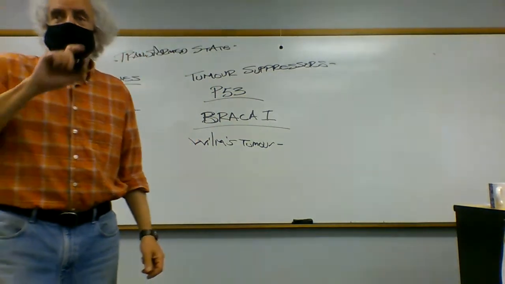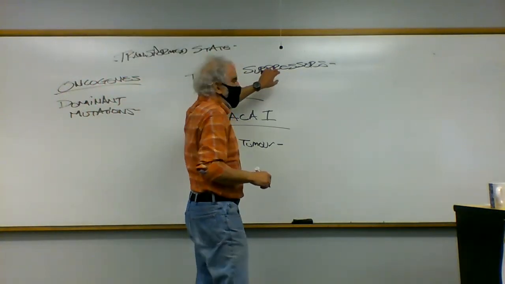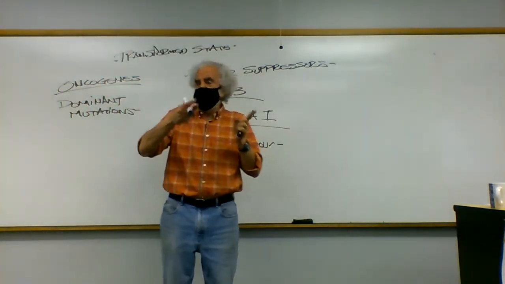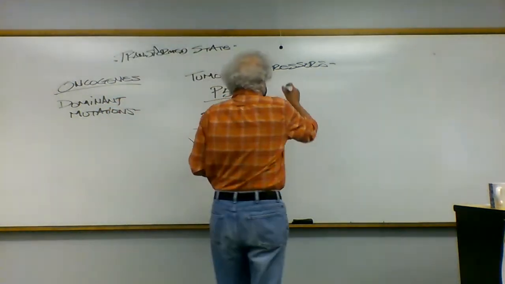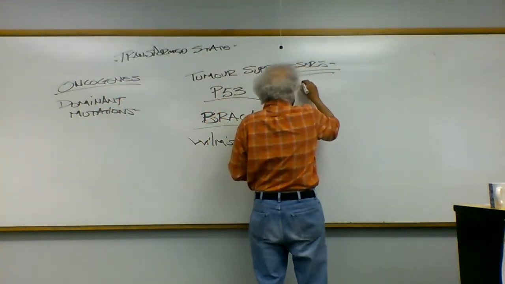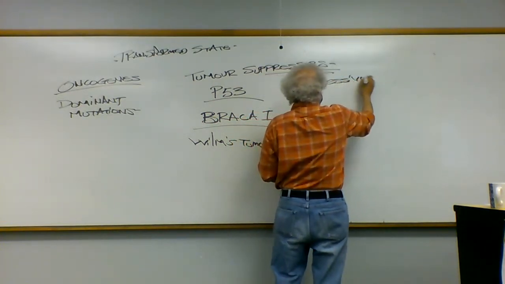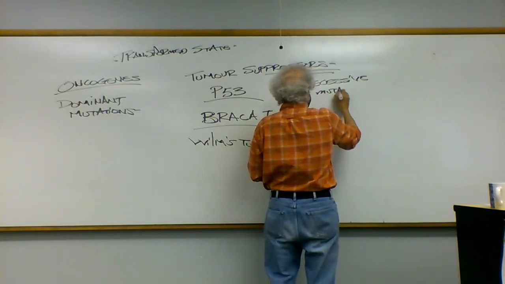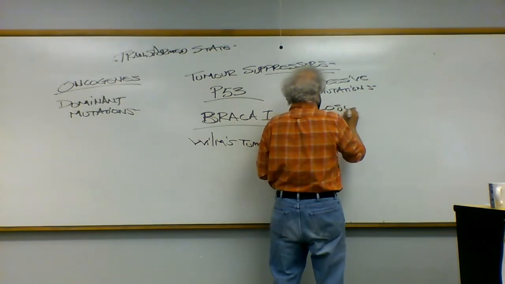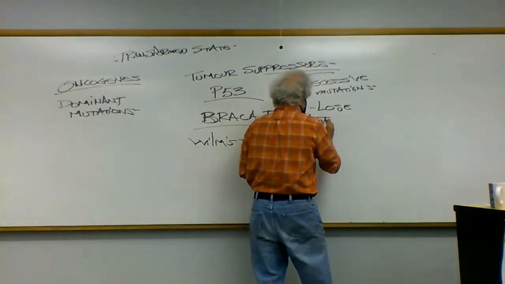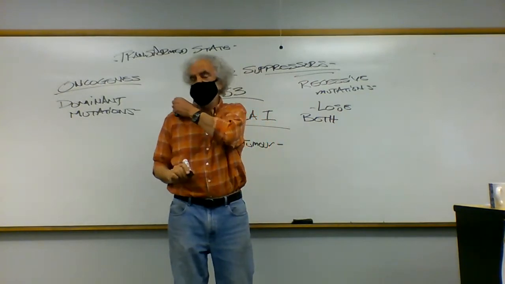All right, so tumor suppressors, these have to be mutated as well in order to carry a cell into a full-blown transformed state. But tumor suppressors, they act as recessive mutations. Now, what that means is you have to lose both of the homologs inside you.